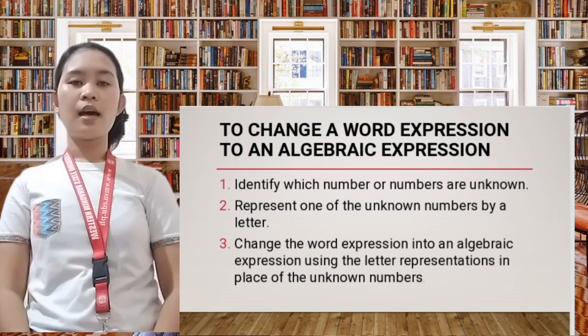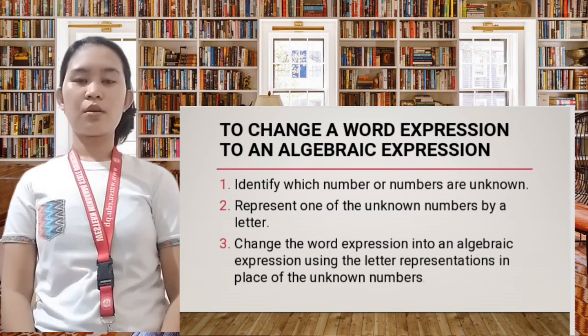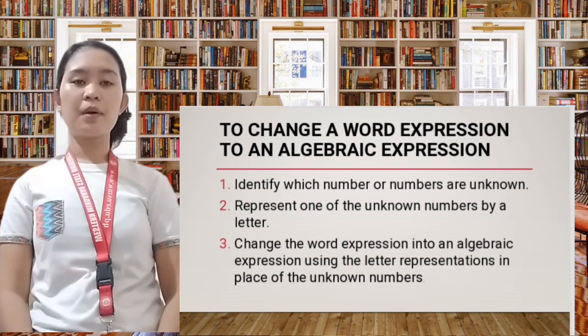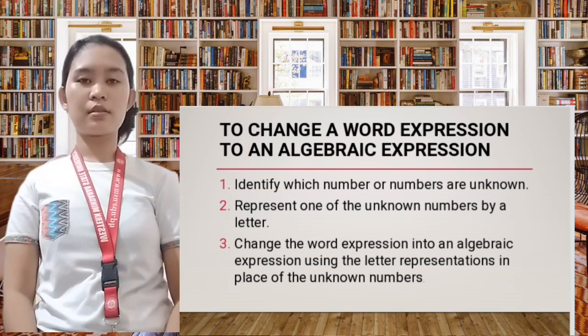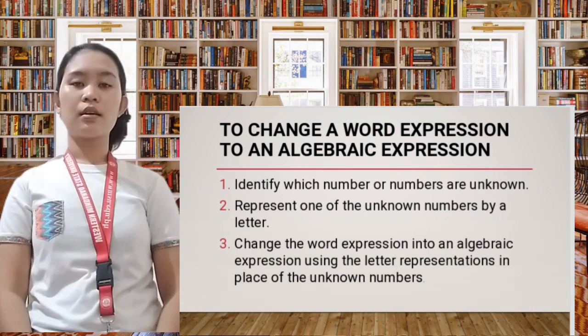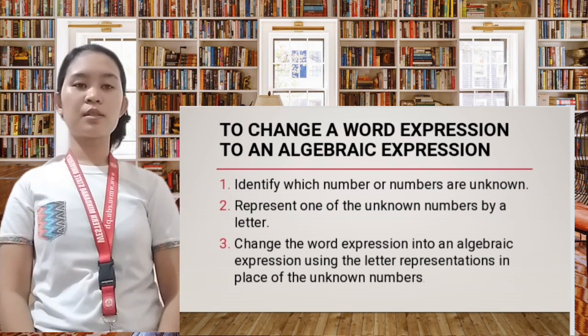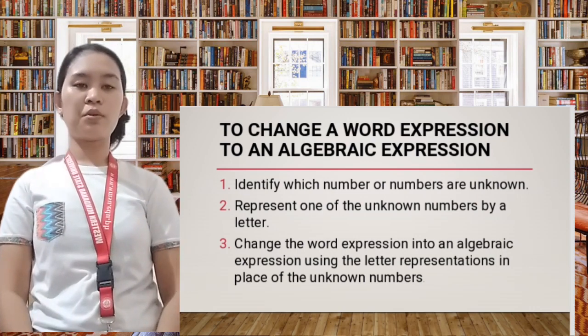Second, represent one of the unknown numbers by a letter, any letter of the English alphabet. Third, change the word expression into an algebraic expression using the letter representations in place of the unknown numbers.